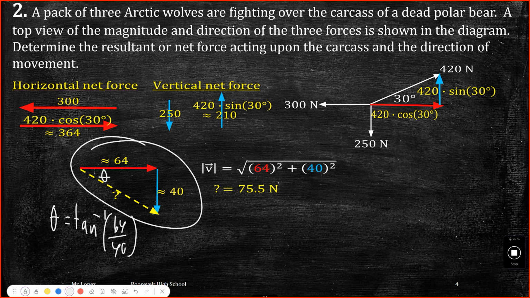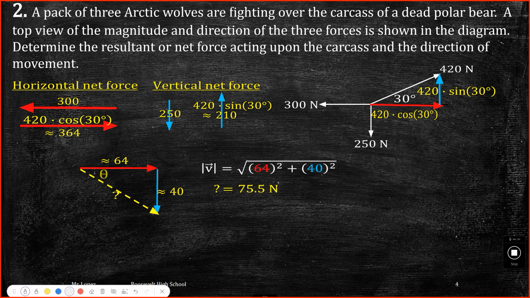Tangent inverse of 64 divided by 40. 58 degrees. You could say the absolute value of it, because you're going to say go 58 degrees in the southeast direction. So it always has to be an absolute value, because you're telling which direction to go in terms of northwest and all that.